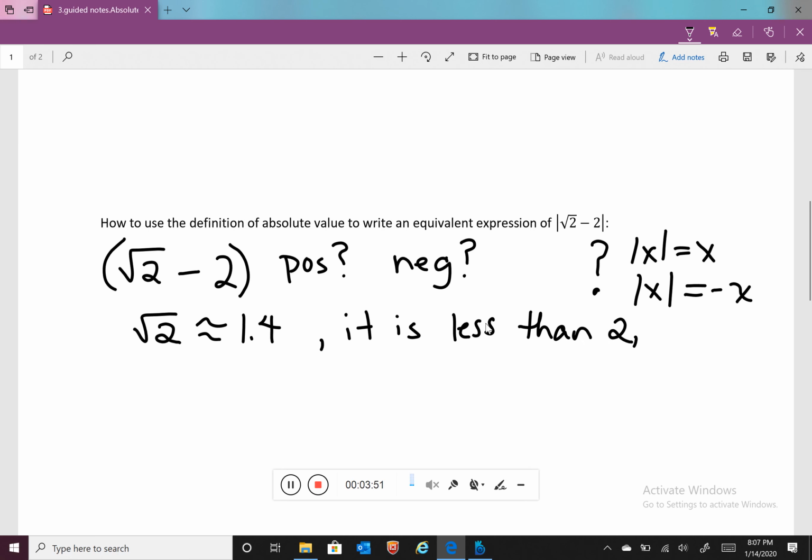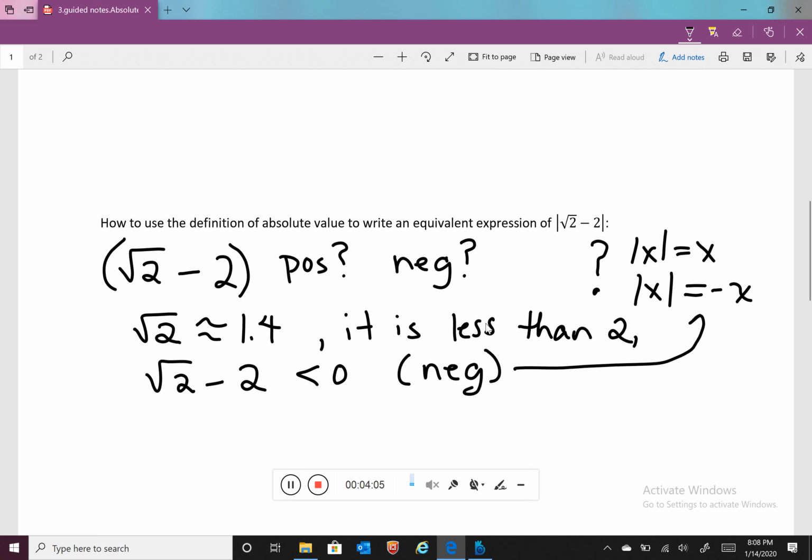Which means the square root of 2 minus 2, since 2 is greater, is going to be less than 0. It is negative, which means we now know we're going to be using this situation right here.